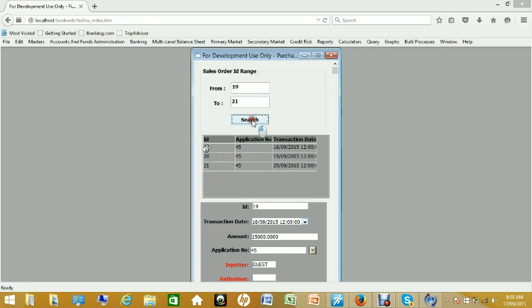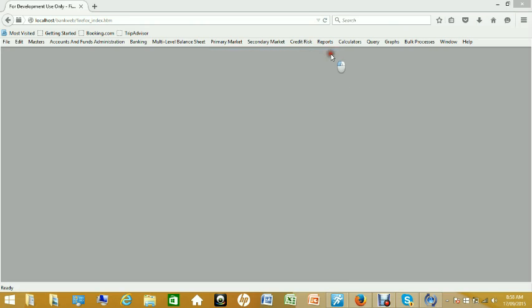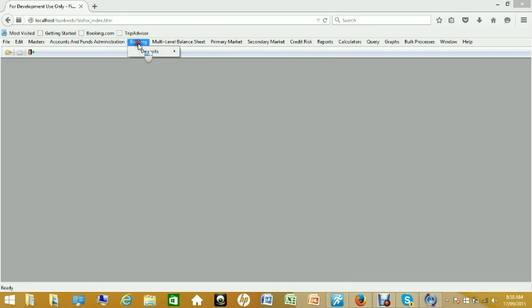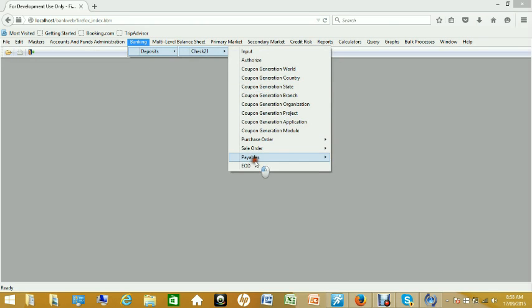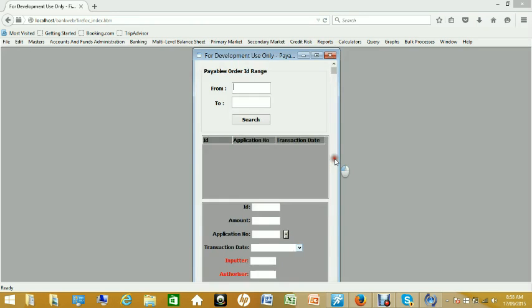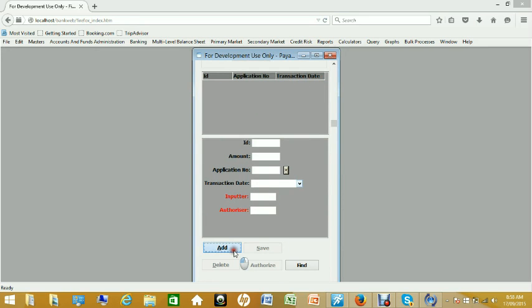So here it is, application number 45. So for the B2C process, finally we need to enter for payables. So there it is, payables.